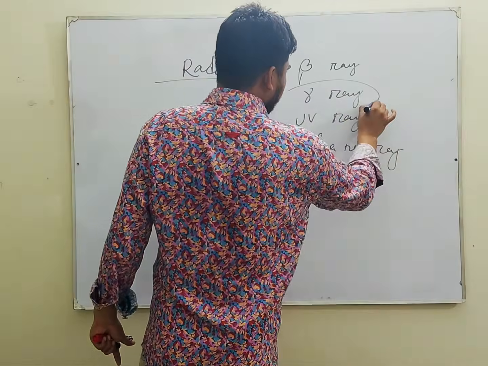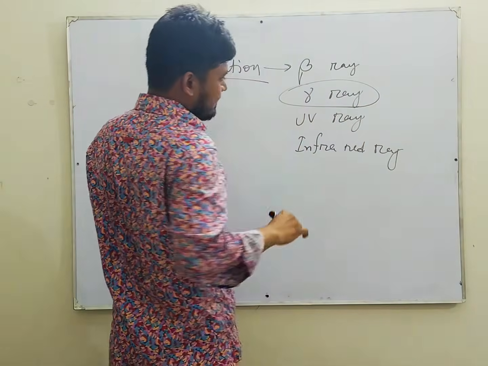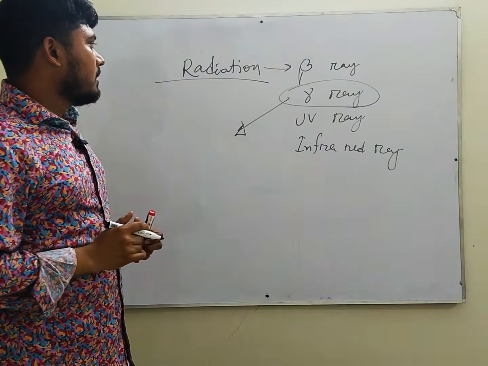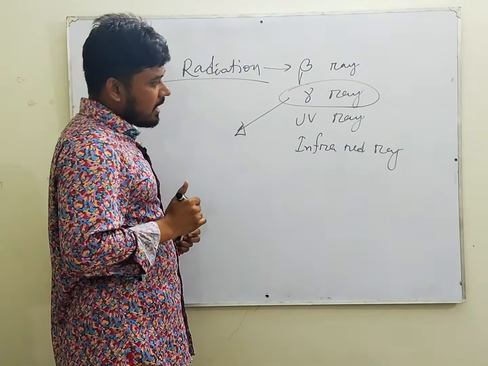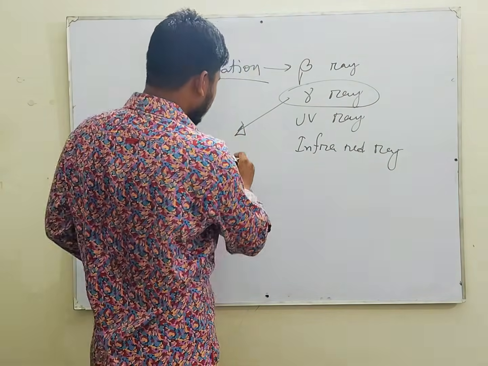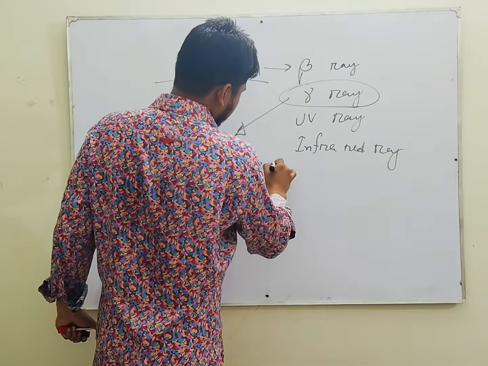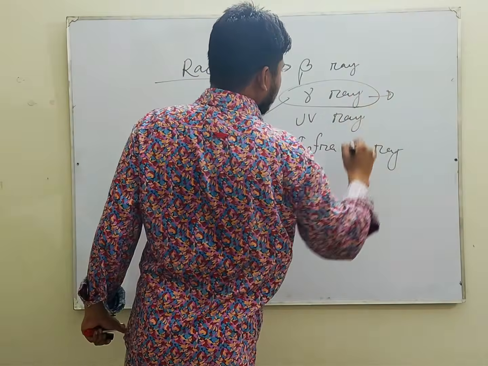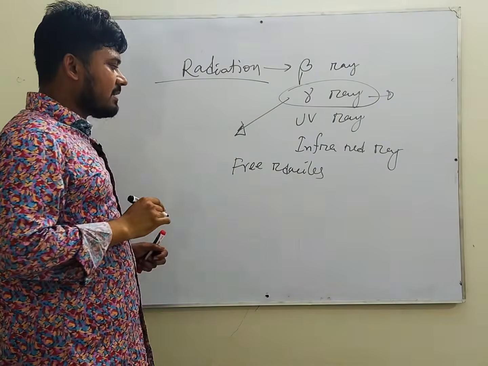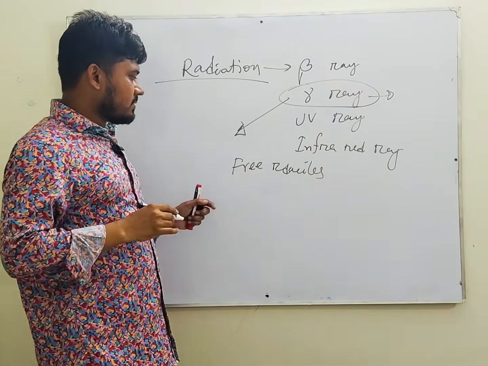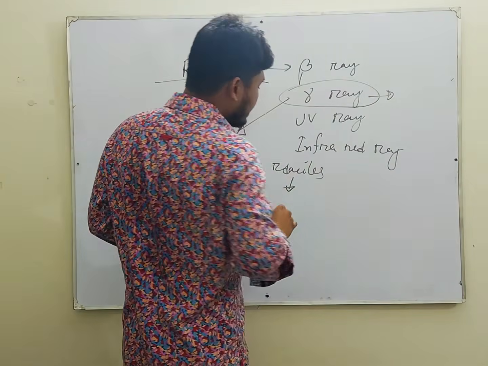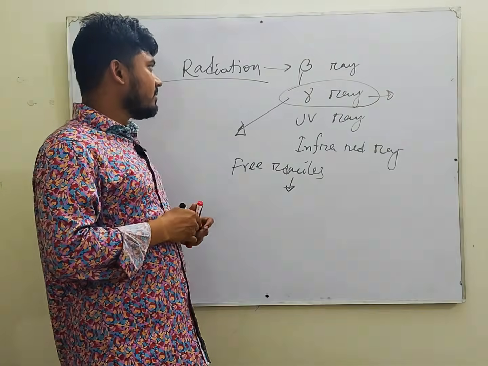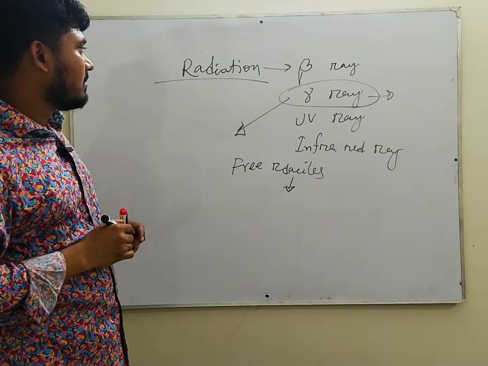Here commonly used method is gamma radiation. This gamma radiation acts by producing free radicals. As this gamma radiation is ionizing radiation, it produces free radicals. These free radicals destroy the DNA molecule, break the DNA molecule and ultimately kill the organism.